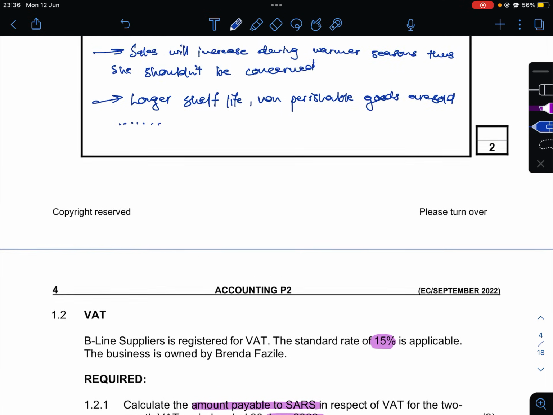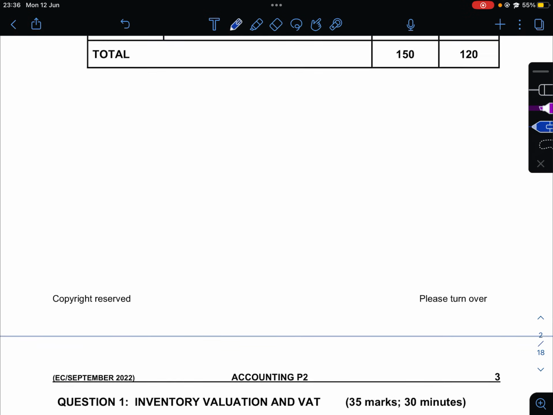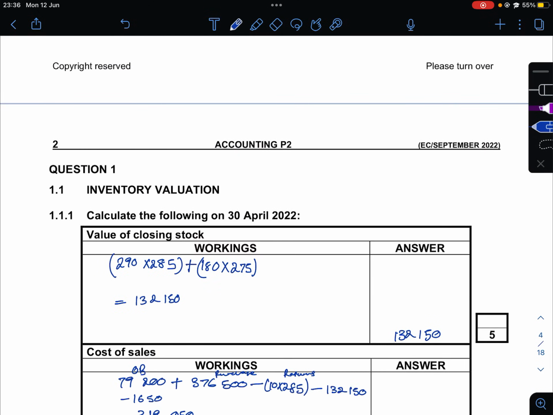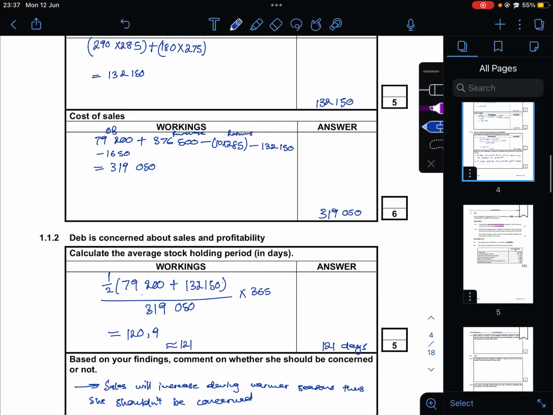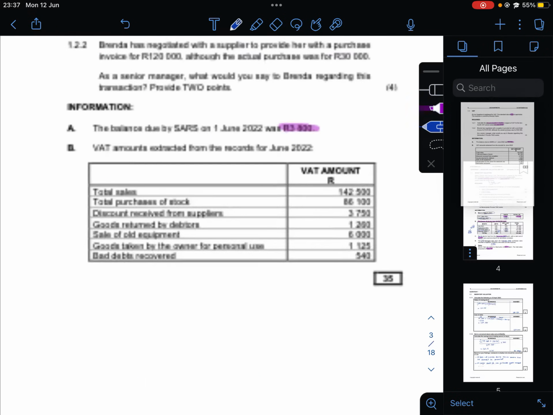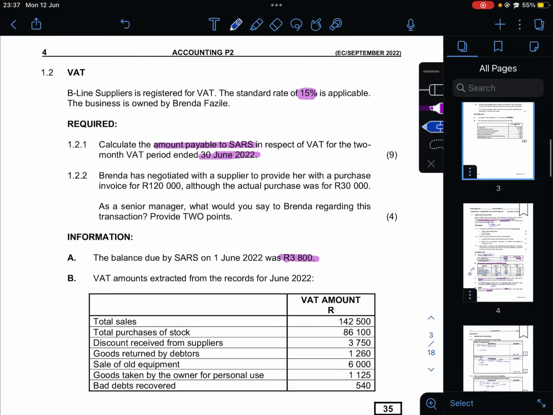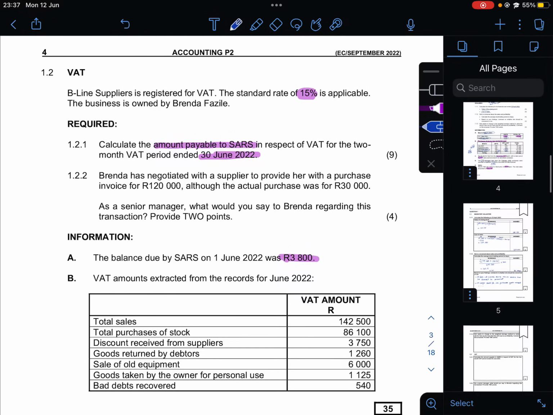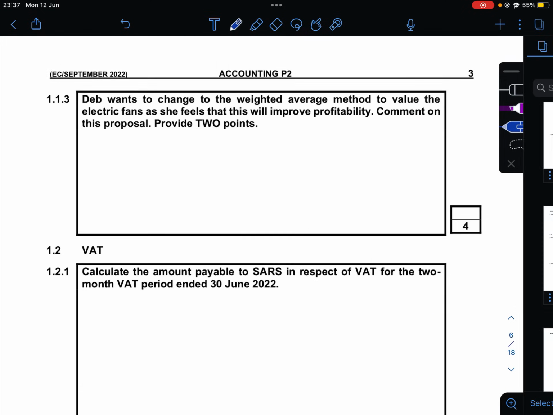Sorry about that. It's 1.1.3. I really can't see the question now. Oh, okay. Let me just do this so you guys can see the question. I think this is the question. Is it? Oh no. Okay. Let's just continue on.